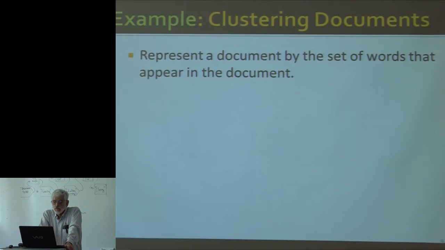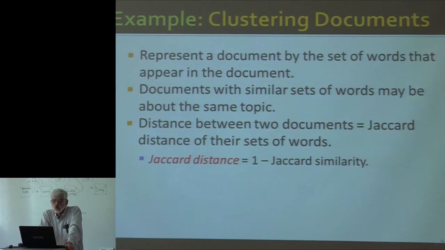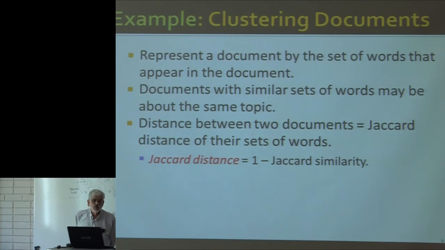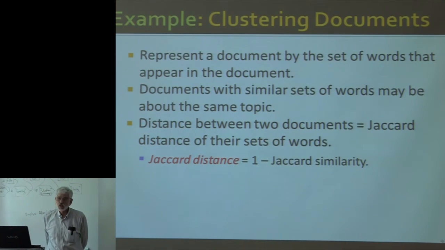So for example, you could represent a document by the set of words that appear in the document. And you might think that if documents have similar sets of words, they're about the same topic. You can define the distance between 2 documents to be the Jaccard distance of this set of words, where, as I said, the Jaccard distance is 1 minus the Jaccard similarity.